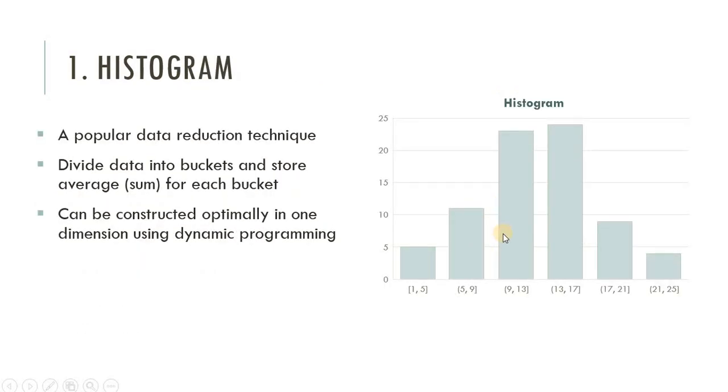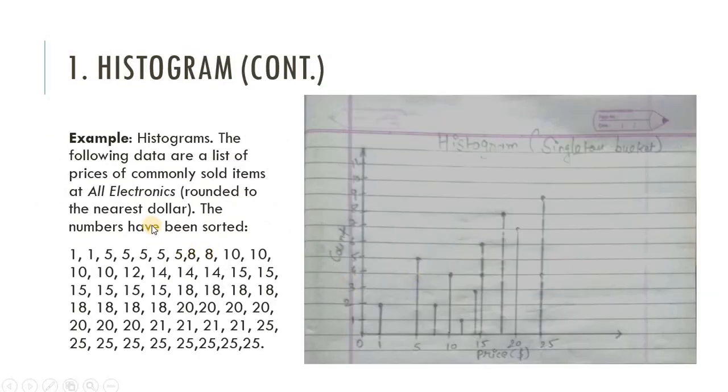If each bucket represents only a single attribute value, then it is called a singleton bucket, or otherwise it represents a continuous range for the given attribute. If each bar or bucket represents only one value, then it is called a singleton bucket. Let's understand with this example.